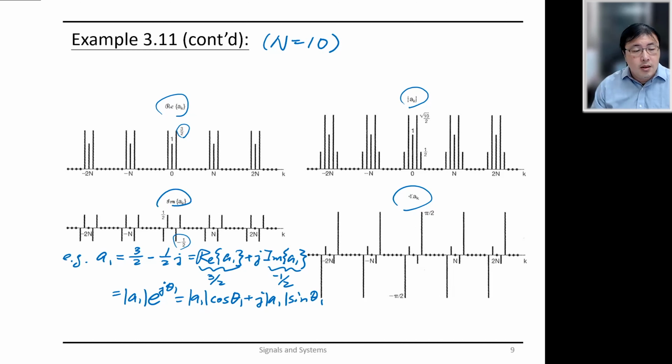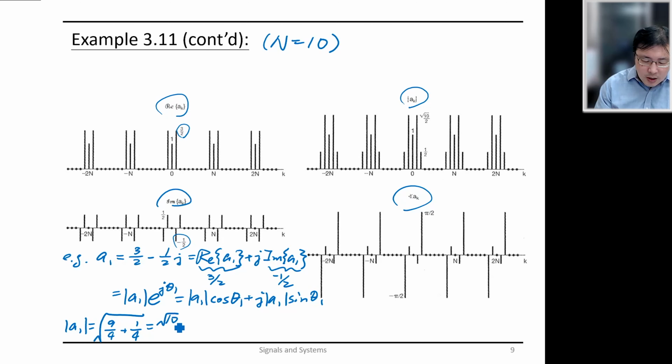In this case, |a1| is the square root of the square of this, which is 9/4, plus the square of this, which is 1/4.